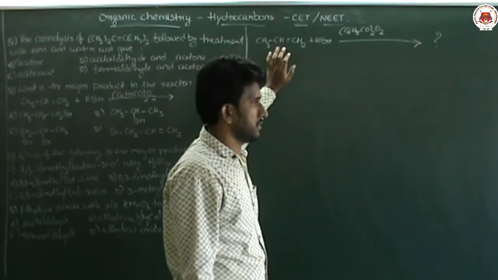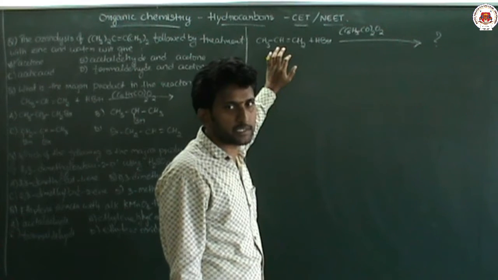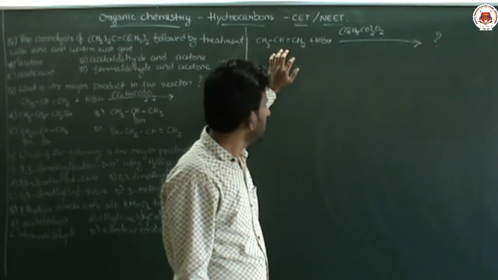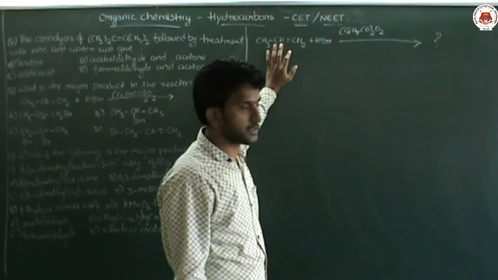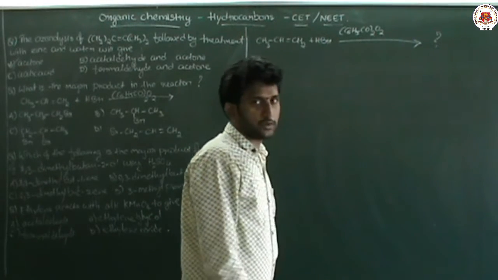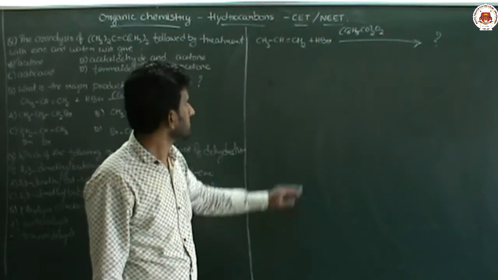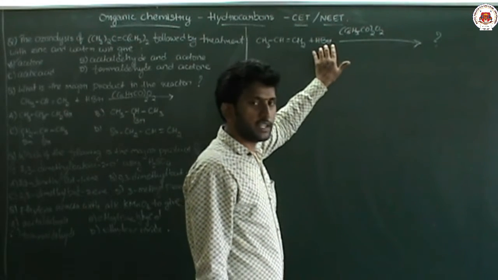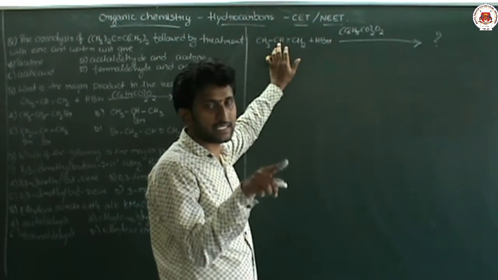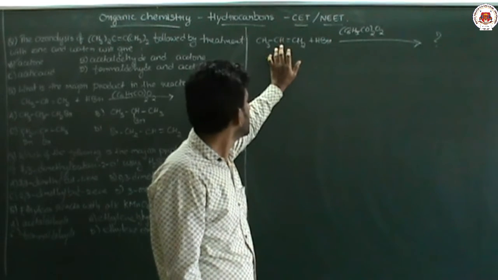Generally, what will happen? Addition reaction should take place because an alkene is an unsaturated hydrocarbon. Addition reaction takes place. Now, according to Markovnikov rule, the negative part of the reagent should attach to the sp2 carbon that contains less number of hydrogen atoms.